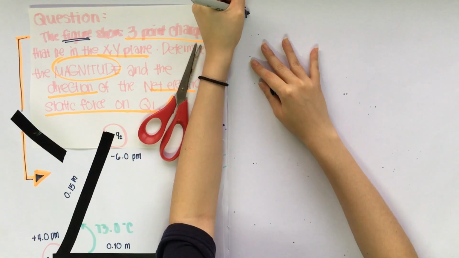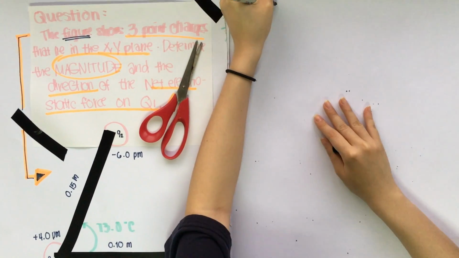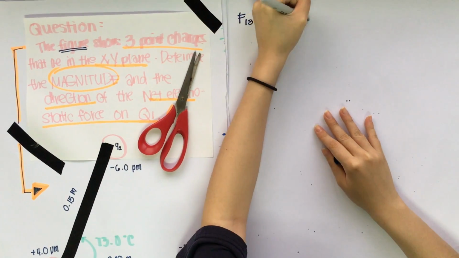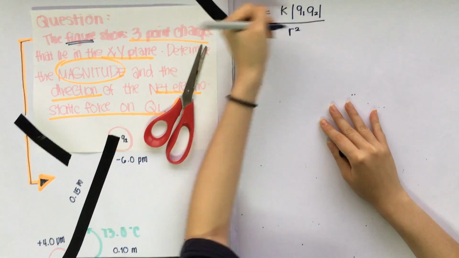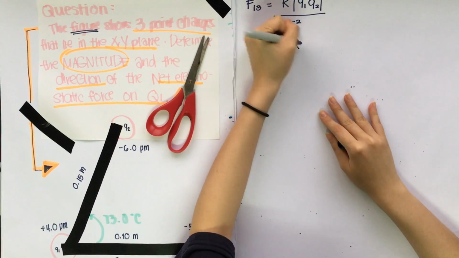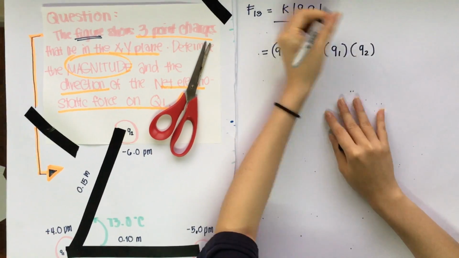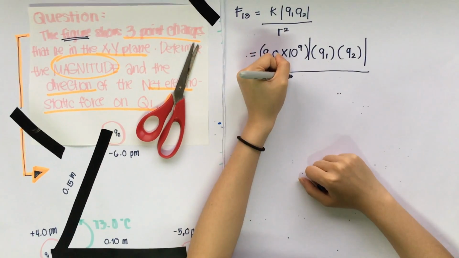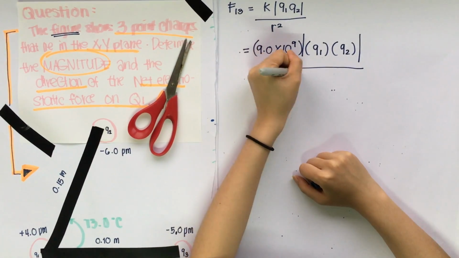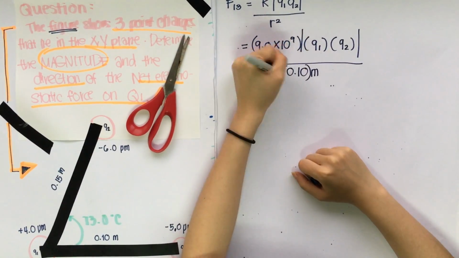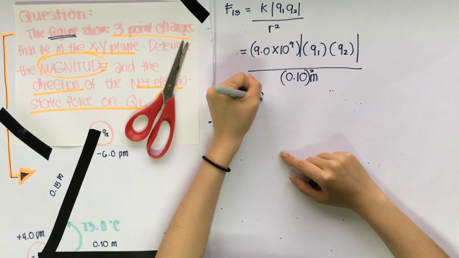For F13, we have the same formula, K times the absolute value of Q1 and Q3. So for K, we have this constant and we just put the numbers in the calculator once again. So the answer is going to be 18 N.